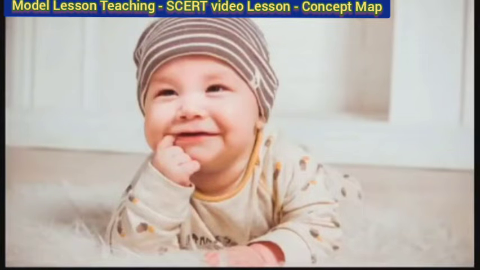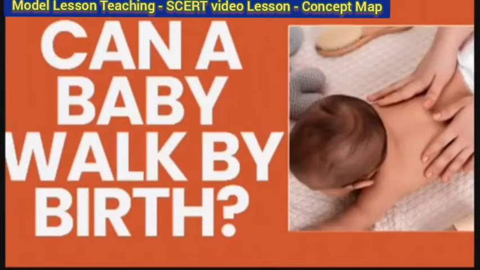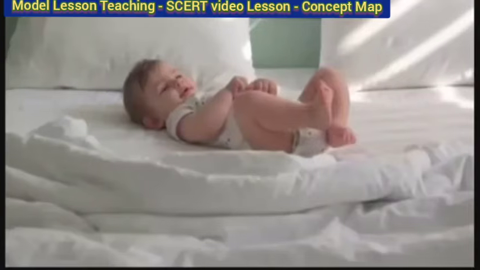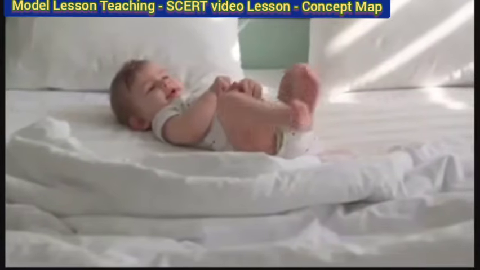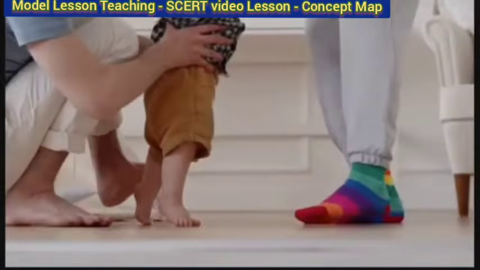Priyanka, what do you see in the picture? Yes, a baby. Children, a question for you: can a baby walk by birth? No, it's impossible. We all know that a baby rolls over at the age of 4 months, tries to sit at the age of 6 months, and then crawls at 7 to 8 months.